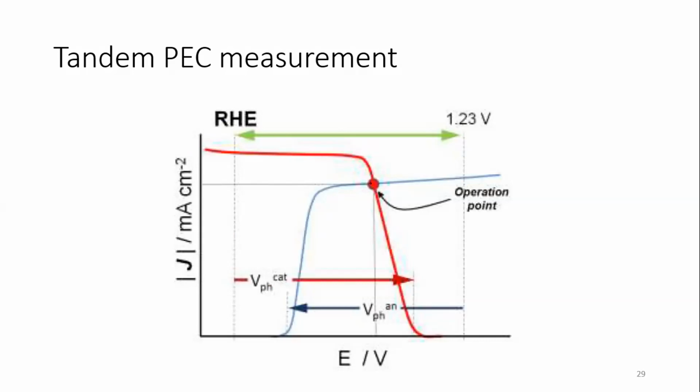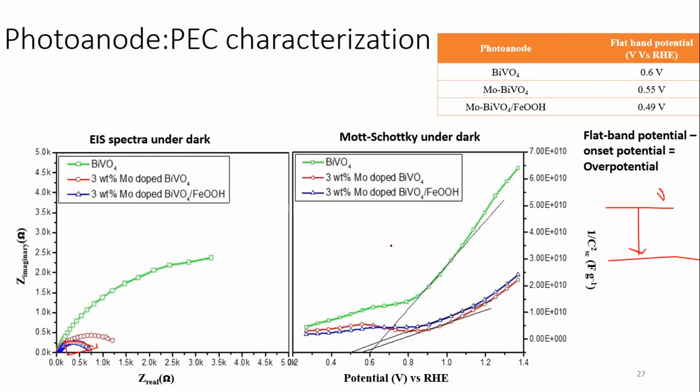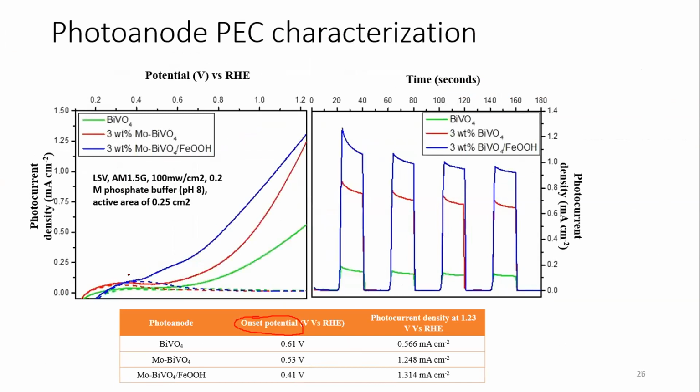The photocurrent that we get from this defines how much efficiency one can get from such a system. Qualitatively, one can also measure the photovoltage. Even from this LSV curve you can measure the photovoltage from the onset potential.